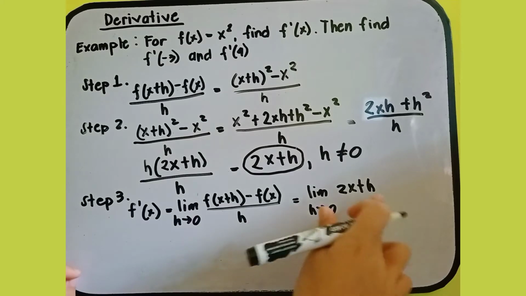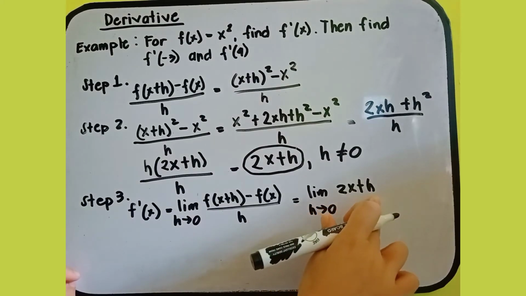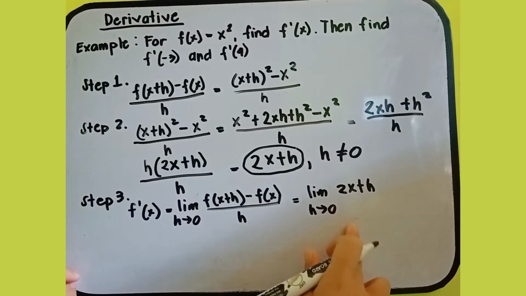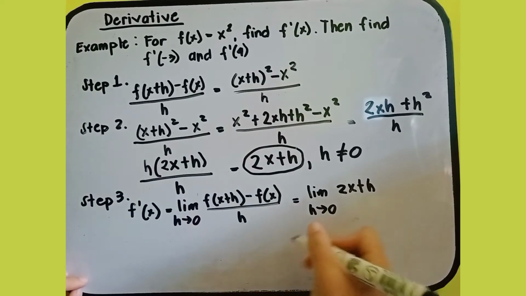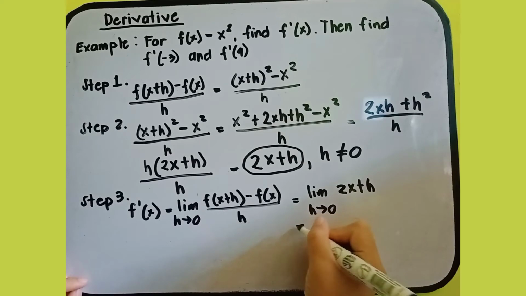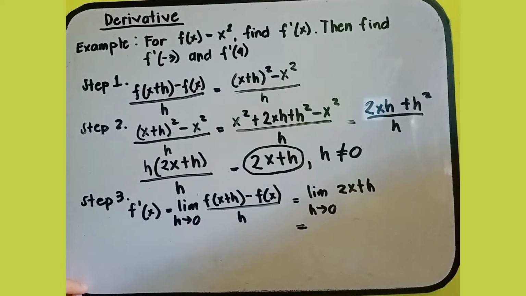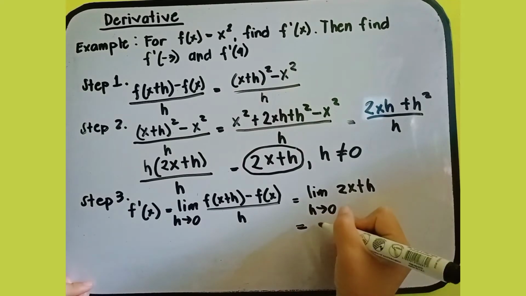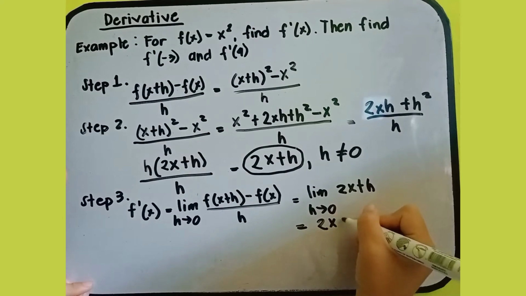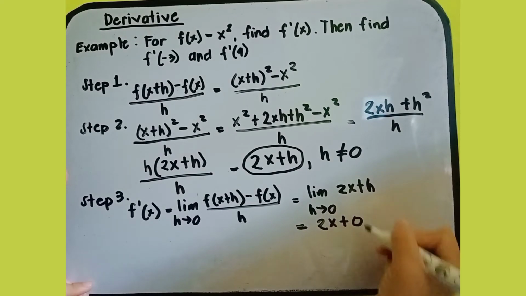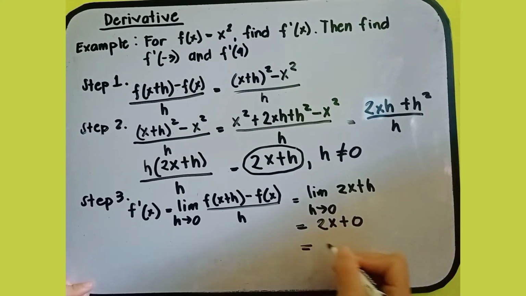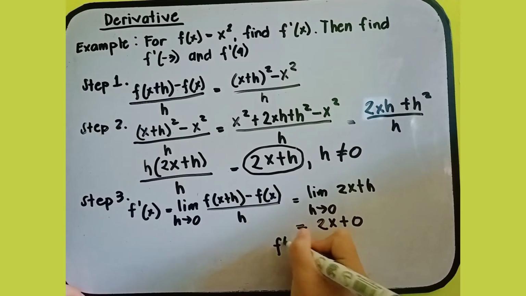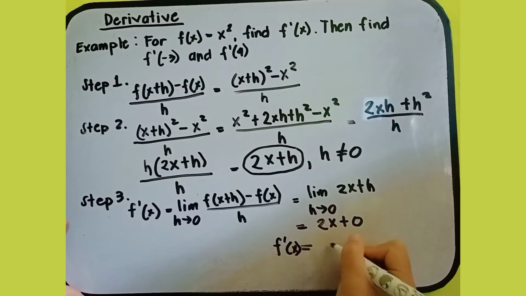By substituting the value of h, we get 2x plus 0. Now we have the value of f prime of x as 2x.